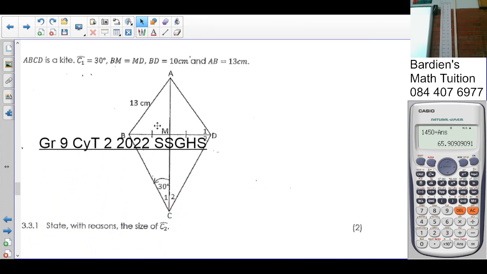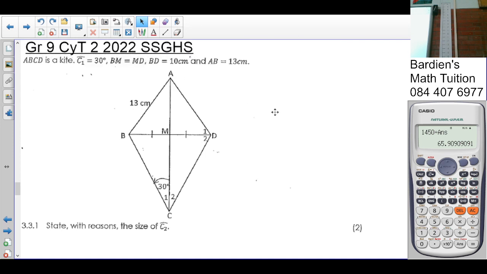So ABCD is a kite. So we know that this length is equal to that length. That length is equal to there. That's perpendicular. This angle is equal to that angle. That angle is equal to that angle. And there that MB is equal to MD that was given to us. Okay. So they tell us a kite. So all 5 of those properties comes to mind.